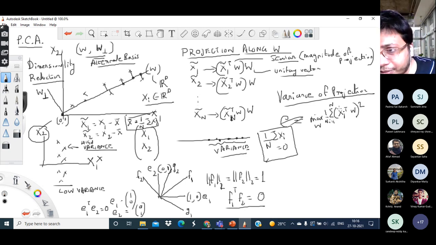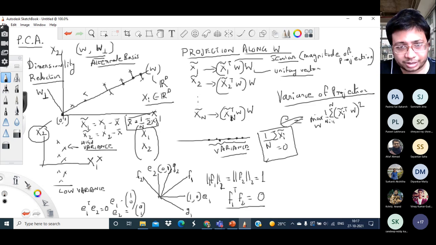When I take the projections, instead of taking the projections of the original data, I take the projection of the tilde data, that is, the shifted data. And the shifted data has this property, which should be obvious from the way the origin has been shifted, that the mean will be equal to 0.